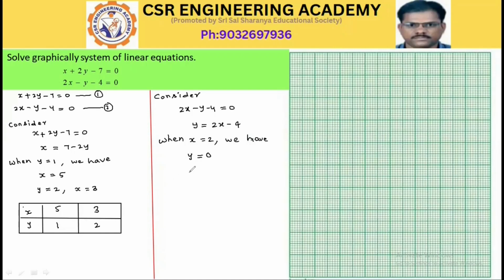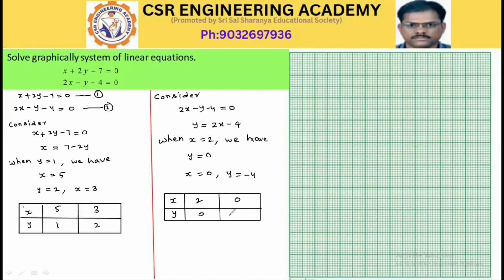Similarly, when x = 0, y = 2 × 0 - 4 = 0 - 4 = -4. Now draw the table and represent the x, y values: x = 2, y = 0; x = 0, y = -4.